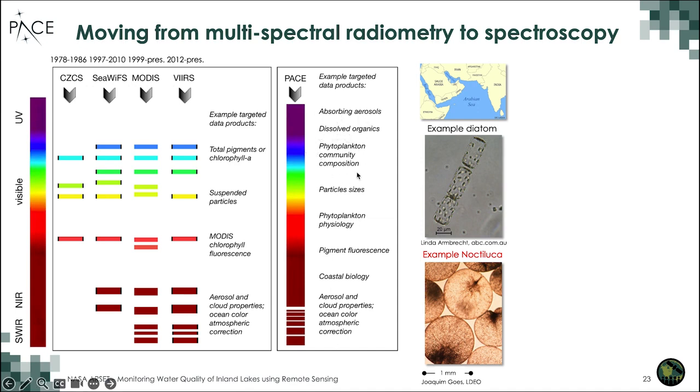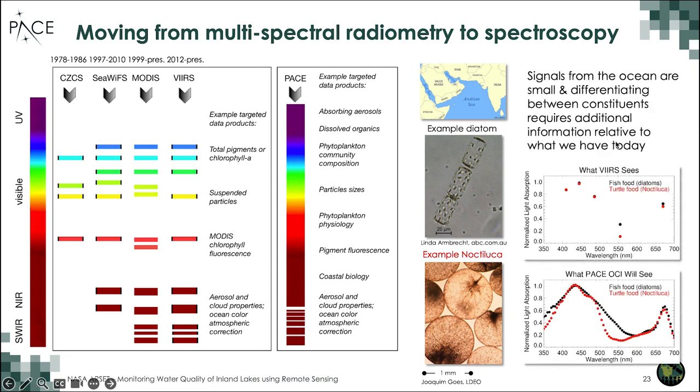Phytoplankton community composition can be derived, as well as phytoplankton physiology. So these are some of the additional benefits. And one example you can see from VIIRS, these dots show fish food and turtle food. So these are diatoms. And this is what PACE OCI will see because of the hyperspectral nature of the instrument.